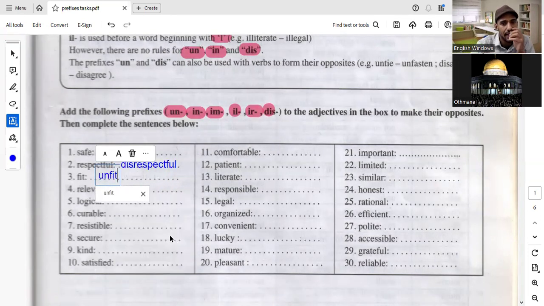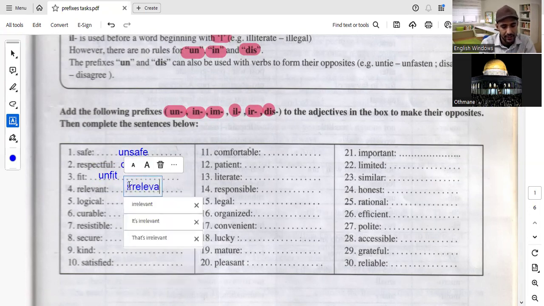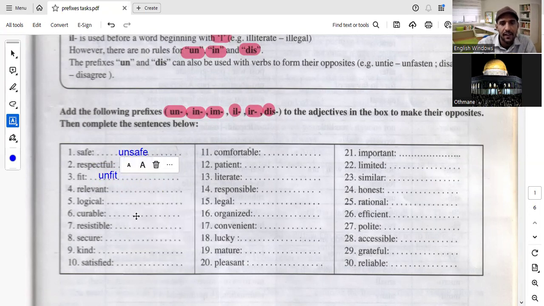Fit and unfit. Okay, next we have irrelevant. Do you know what relevant means here?